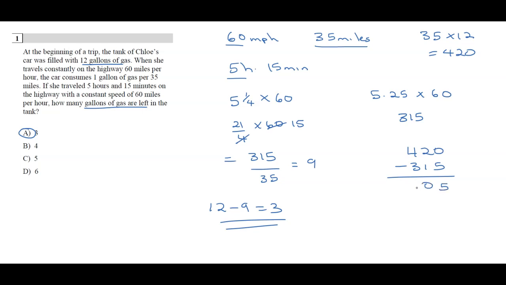So this is going to give us 105. And then to find out how many gallons that represents, you divide by 35, and that gives you 3. So just two different approaches. Once you practice the different approaches, you can find which one you prefer. For me, it doesn't make a difference, but I'm sure some students prefer one way or the other.